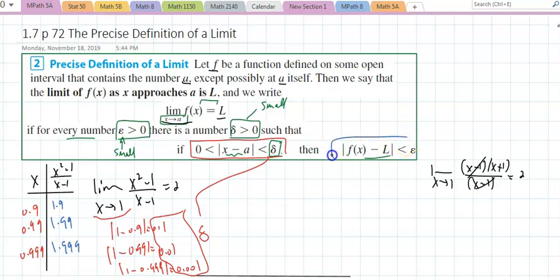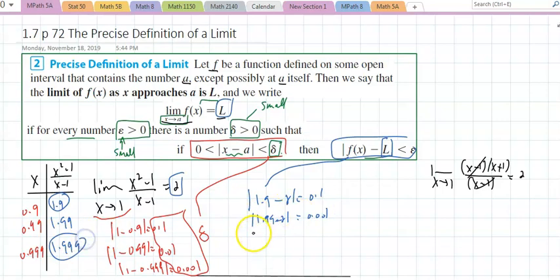Now we're talking about this. If I take the difference between, it's an absolute value, it doesn't matter how you write it, f of x is actually 1.9, that's this part, minus L. L is a 2. Do you see that's 0.1? 1.99 minus 2, that is 0.01.